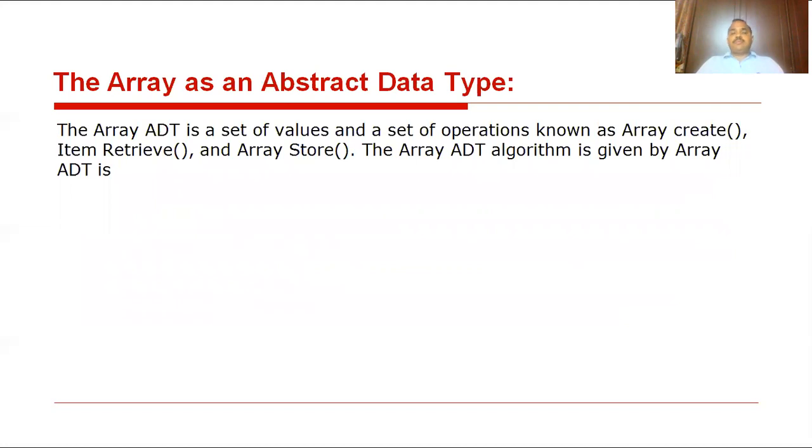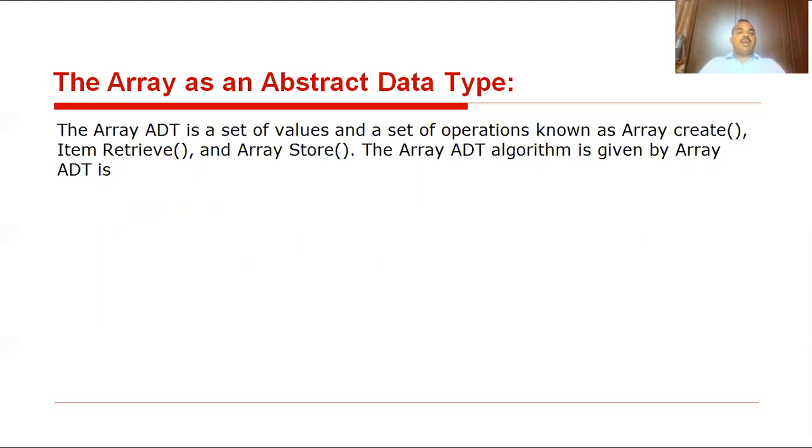Clear? The next one, this is the most important question: write and explain array abstract data type. What is an array? An array is a collection of related data items of the same type with a common name. The array ADT is a set of values and a set of operations known as array.